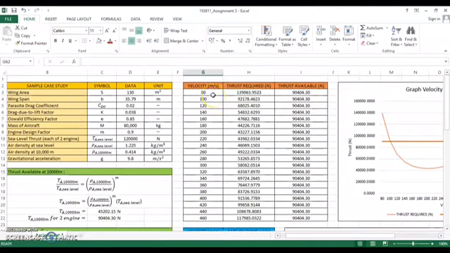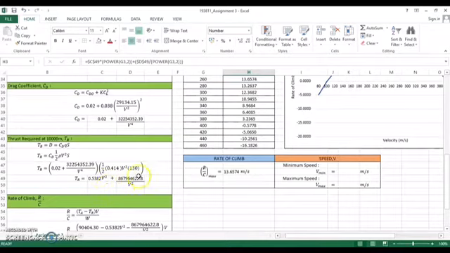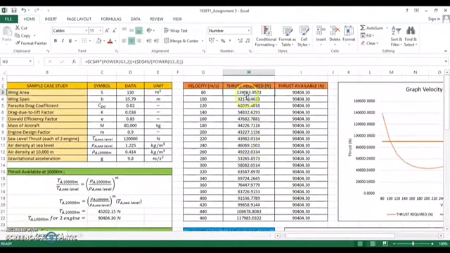The velocity is actually my data, from 80, 10,000 and more, and thrust required is from this equation. You can get the thrust required for all, and thrust available, this one.